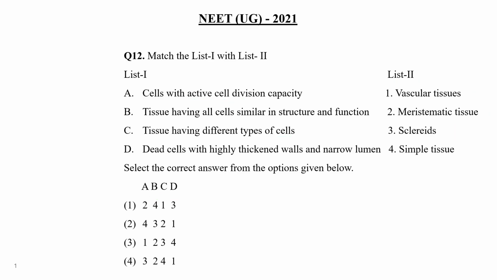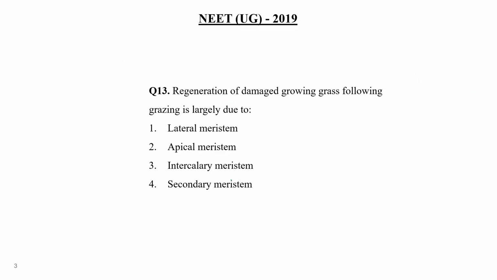Now next question, that is question number 13. Regeneration of damaged growing grass following grazing is largely due to regeneration of the grazed part. Lateral meristem, apical meristem, intercalary meristem, secondary meristem. We have discussed this point during theory time also. So quickly give me the answer.